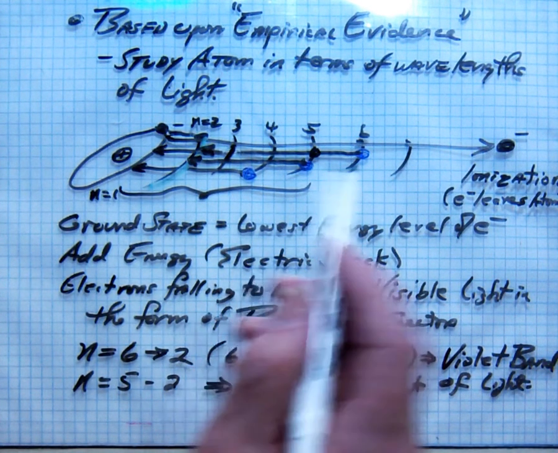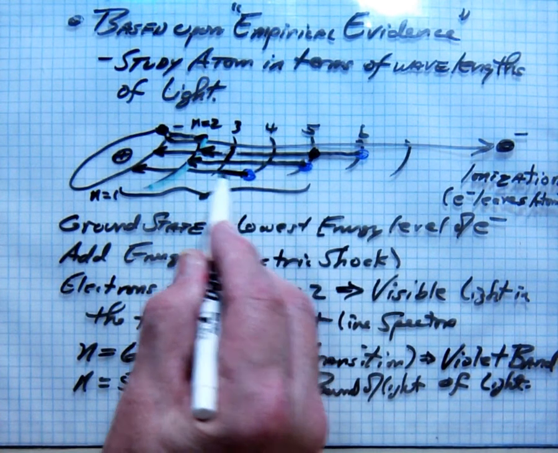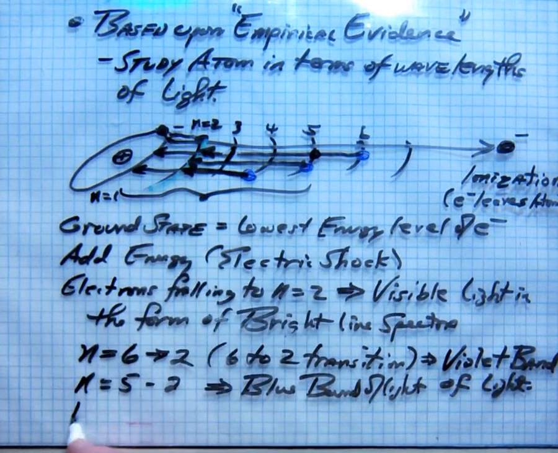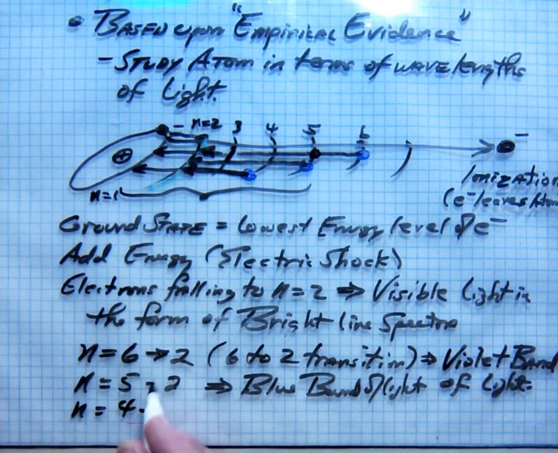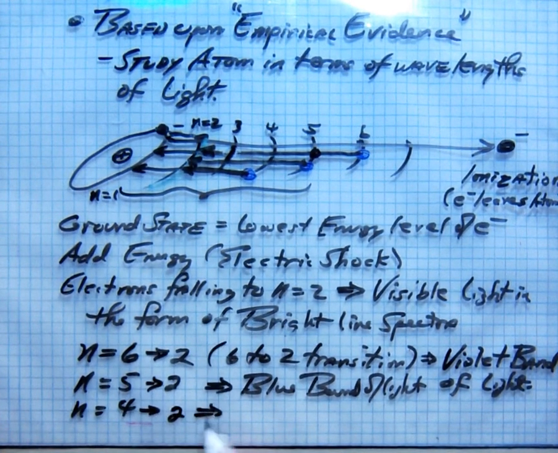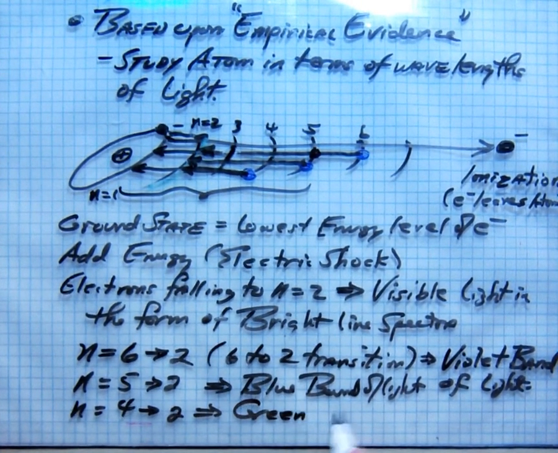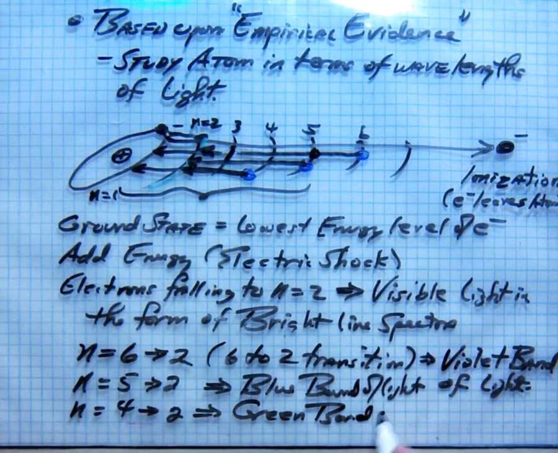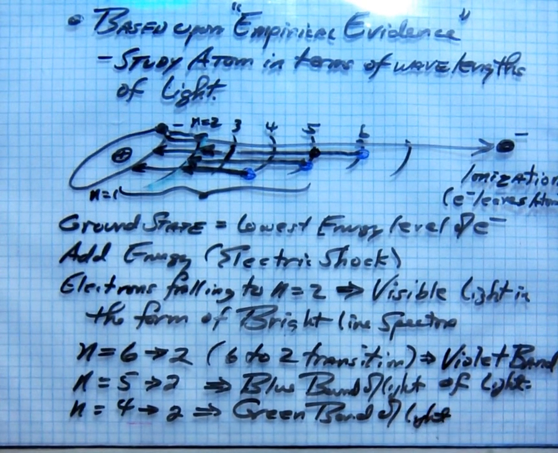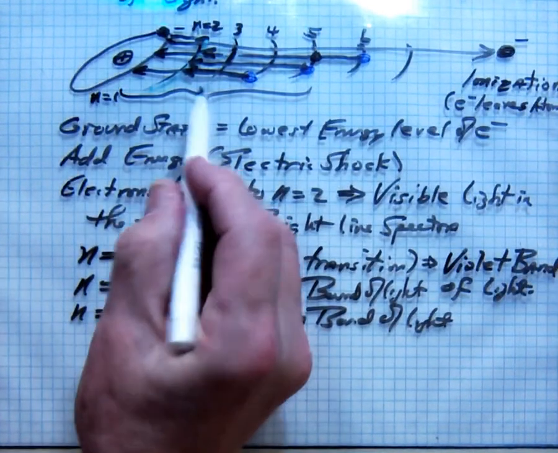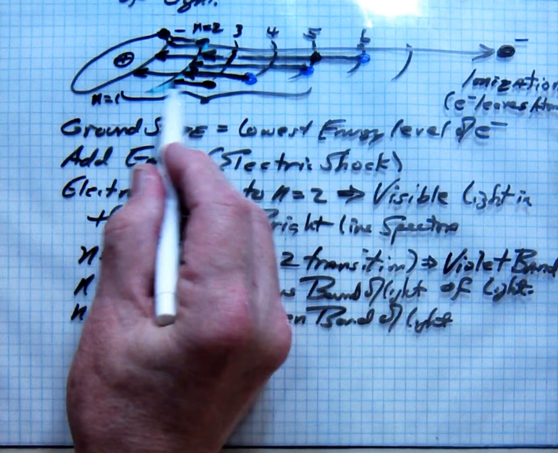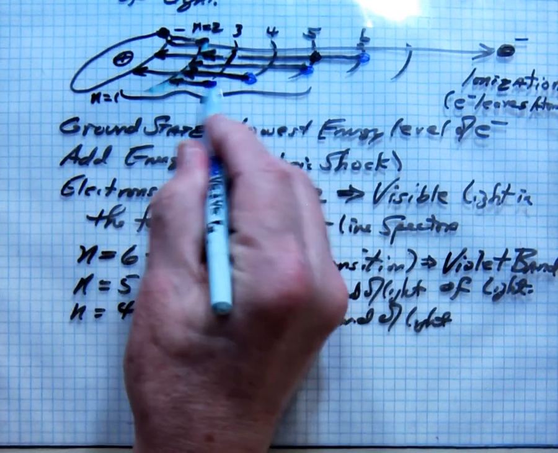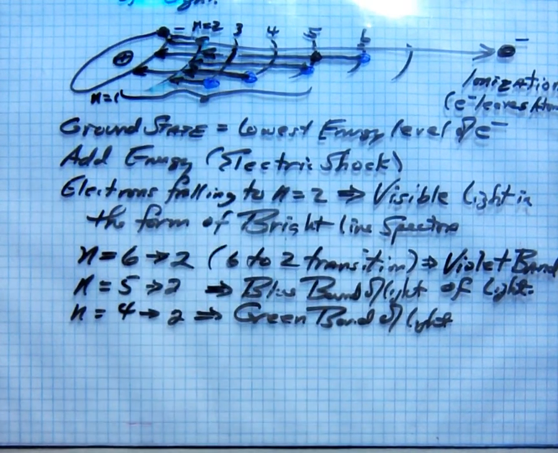If it goes from 4 to 2, it gives off a green band. And if it goes from 3 to 2, it'll give off a red band.